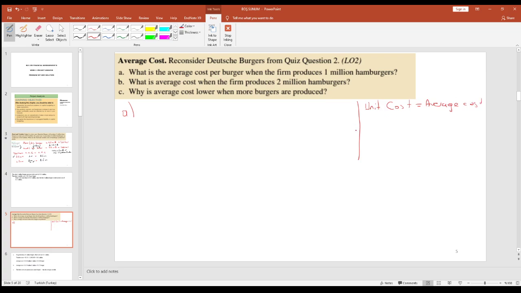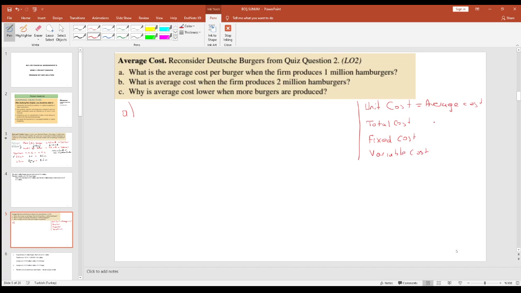We have three definitions about unit cost. Since we have total cost, we have fixed cost, and we also have variable cost.